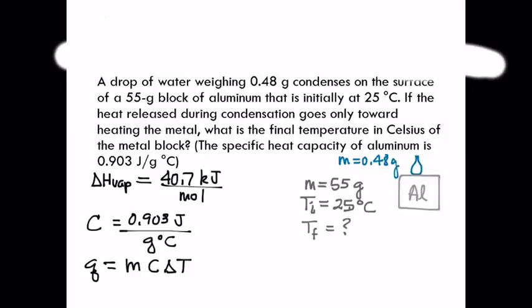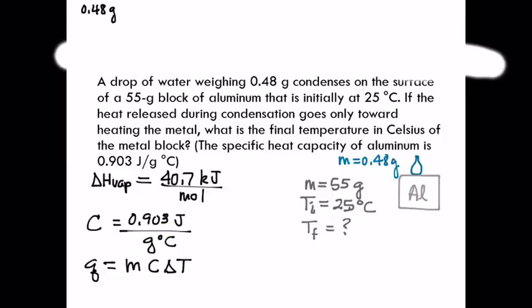Okay, I got sidetracked. Yeah, we're trying to figure out how much energy is released by that water droplet. So we've got 0.48 grams of water, and I'm going to choose joules as a unit because when I plug something into this equation, this has joules.